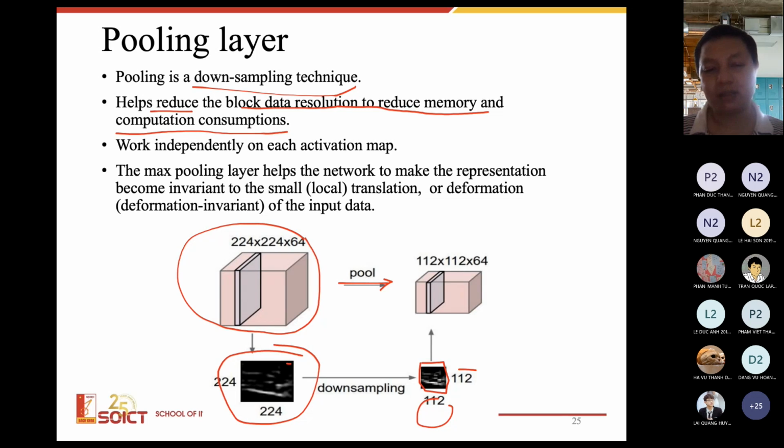In this case, the number of activation maps remains the same, 64 and 64. So the pooling layer works independently on each activation map. One specific implementation of the pooling layer is named max pooling layer, and the max pooling layer helps make the representation become invariant to small or local translation of the input data.